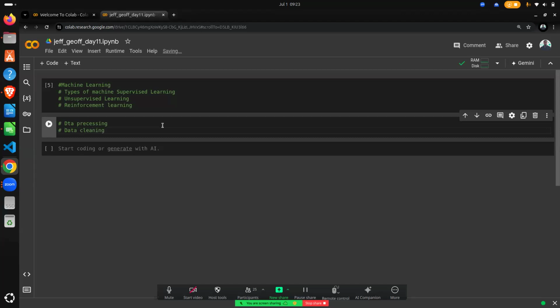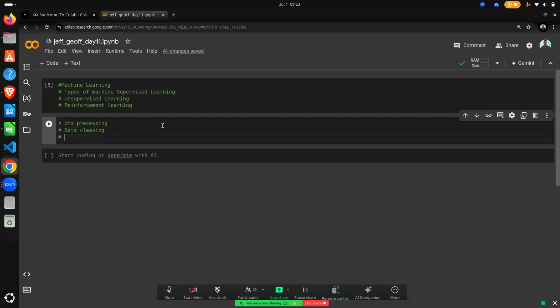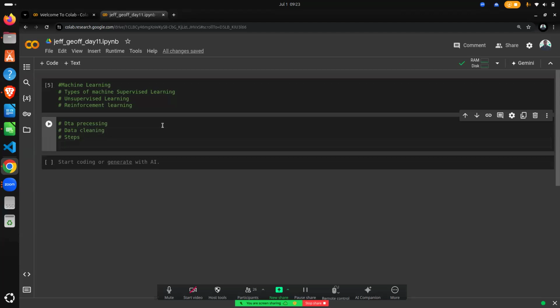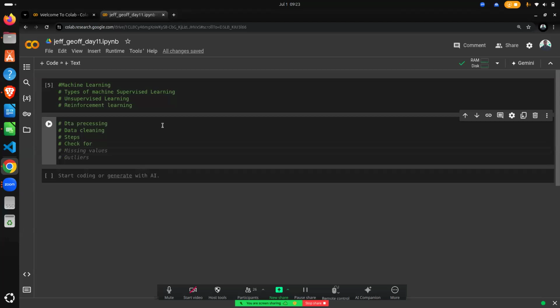Data cleaning. Now, you're going to go with the steps. There are several. First of all, you need to check. I'm just going to put all of them here.